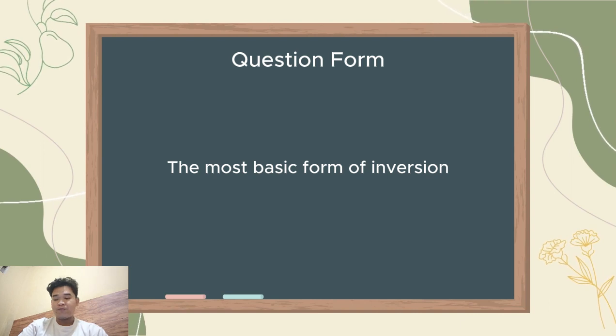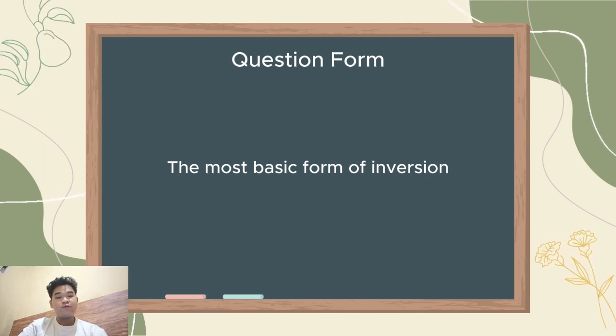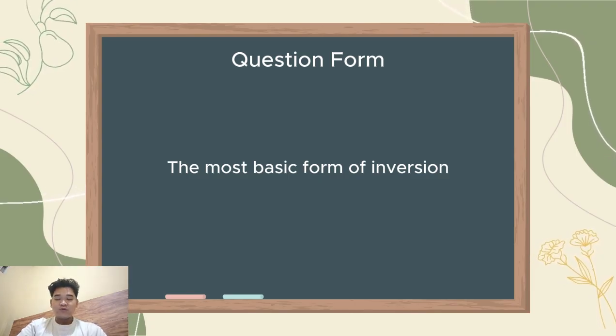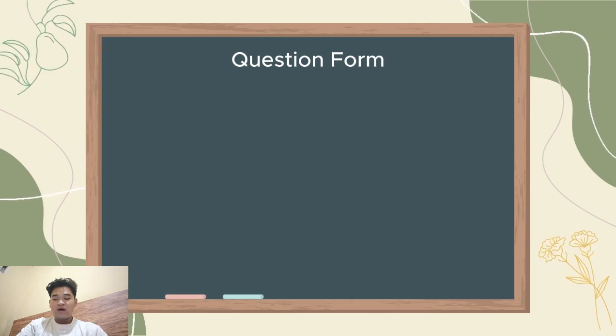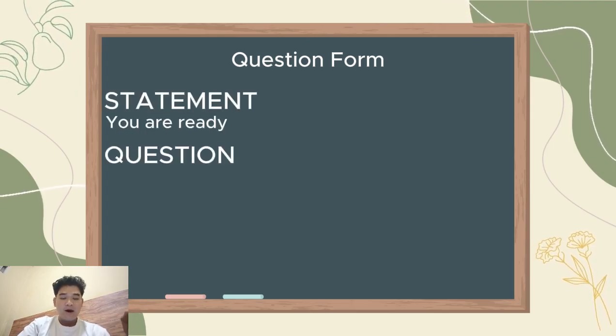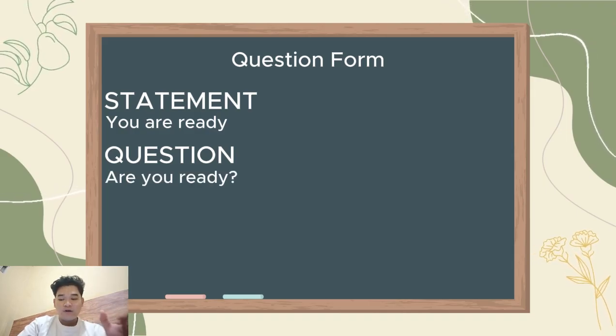Next, we talk about the second form of inverted sentences. It's question form. This type is the most basic form of an inverted sentence. So let's get to the comparison. In a statement, we usually say, "You are ready." But in a question, we say, "Are you ready?"